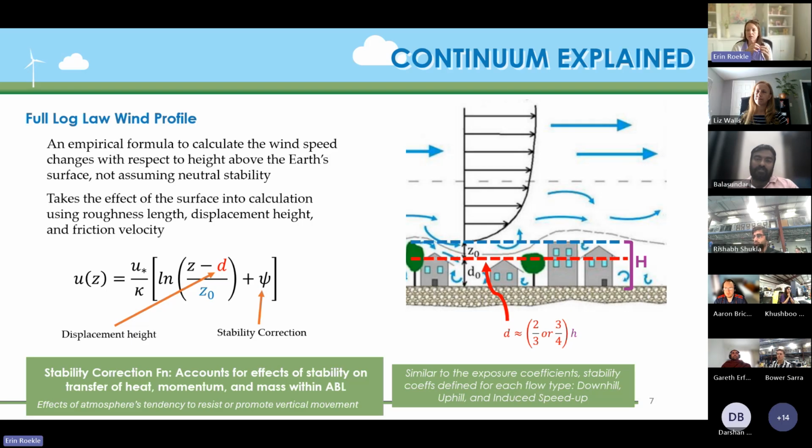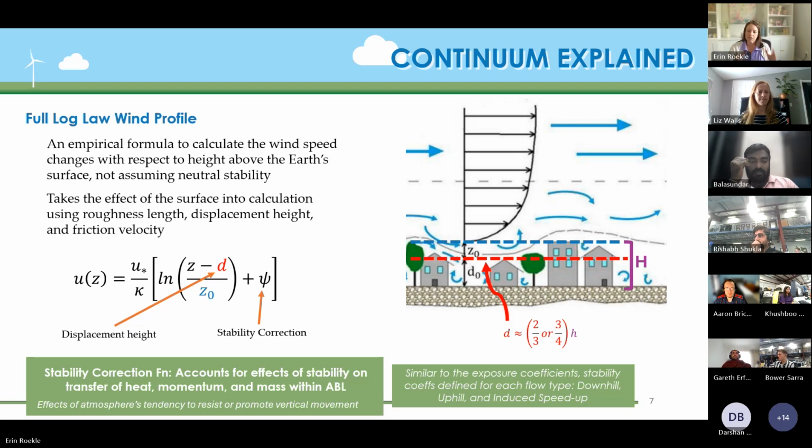If you have very unstable air, it means your blob of air wants to move in the vertical. Whereas if you have very stable air, it's just going to sit where it is. It doesn't have a desire to move up or down. So the full log law wind profile takes that stability into consideration, as well as the concept of displacement height.